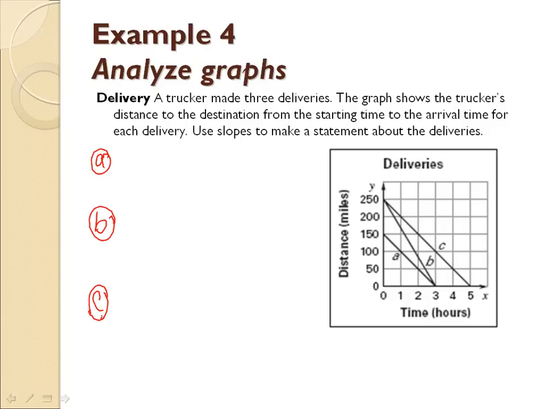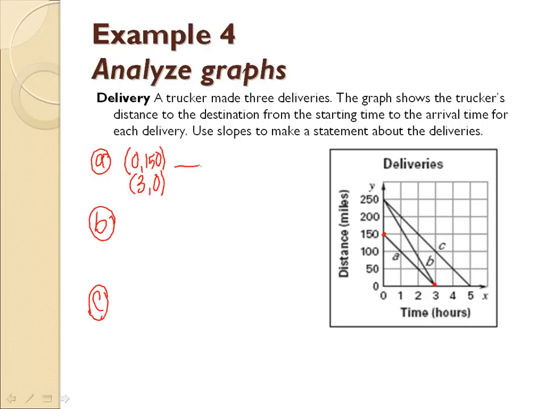Now in order to find the slope, again, we need 2 points. So A has a point here and a point here. A has got the point (0, 150), and it's also got the point (3, 0).